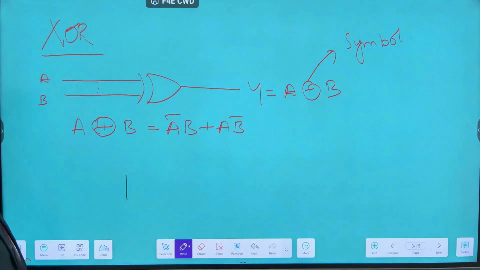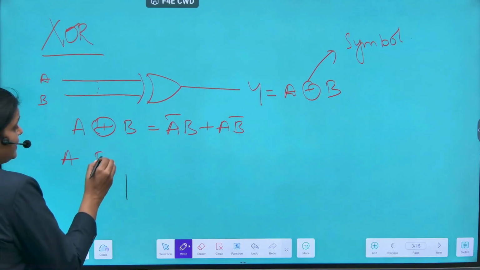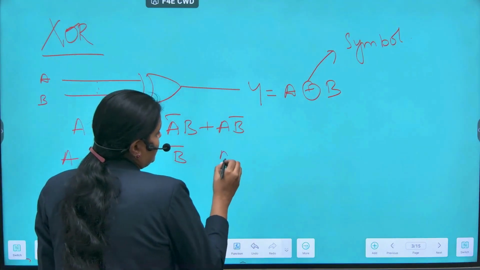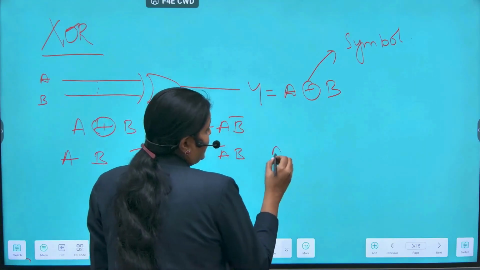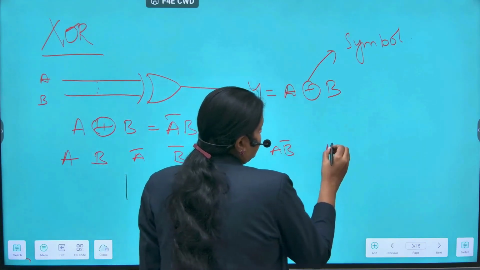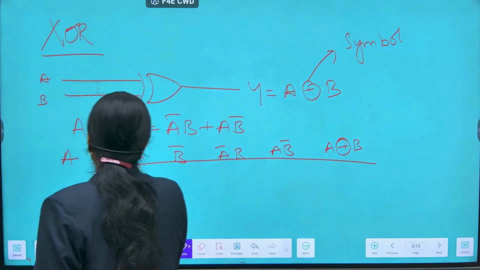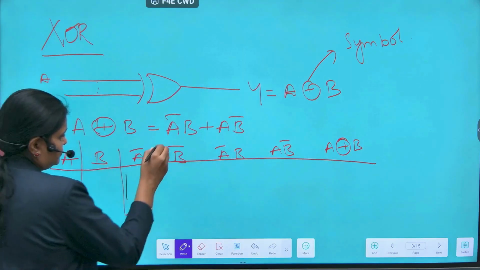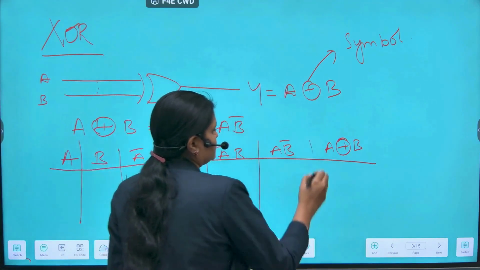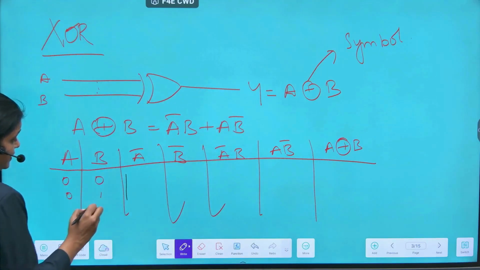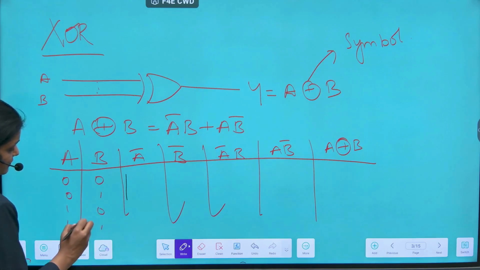Let's draw the truth table for this. A, B, A bar, B bar, A bar B, AB bar, A XOR B. So this is 0 0, 0 1, 1 0, 1 1.